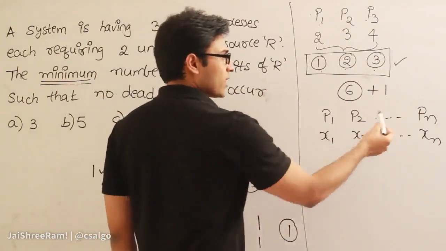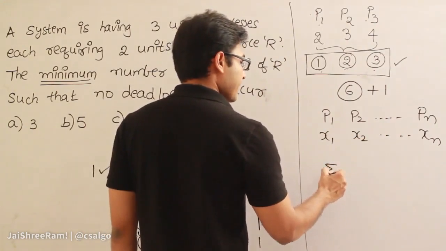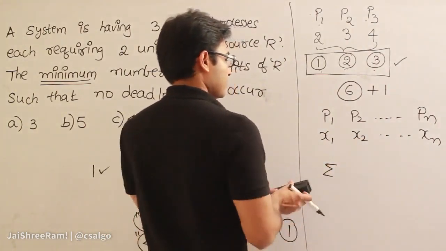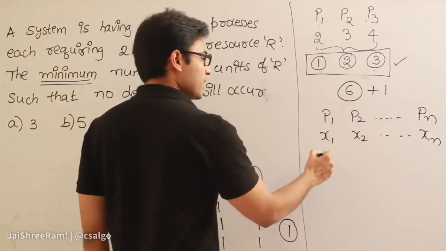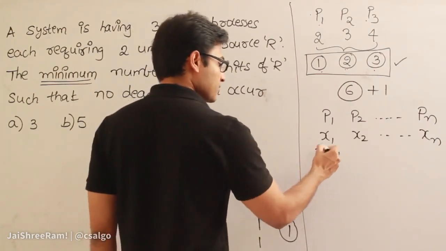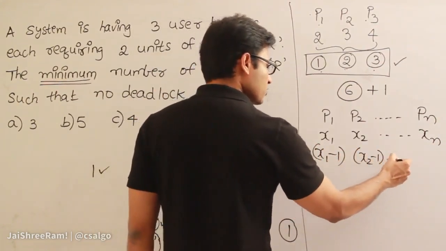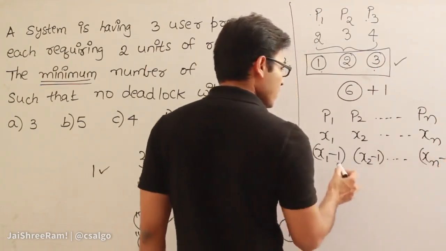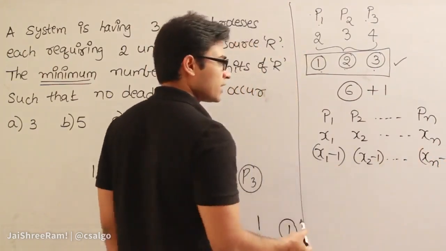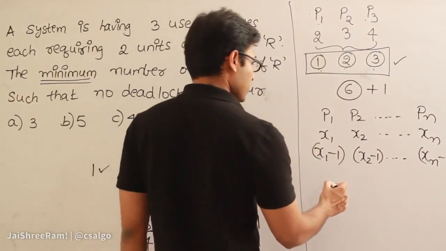Which means if you have n processes, let us say sigma, okay, without using sigma, then what I do is, I'll assign exactly x1 minus 1 resources to P1 and x2 minus 1 resources to P2, so on, xn minus 1 resources to Pn. Now if I have these many resources, then also there will be a deadlock. Therefore how many resources are there in total?